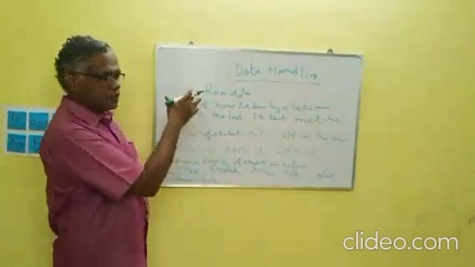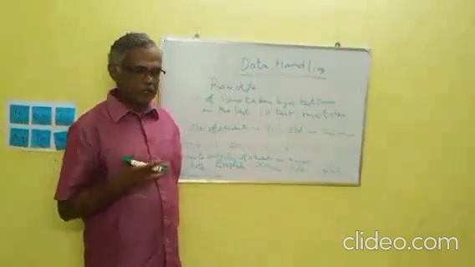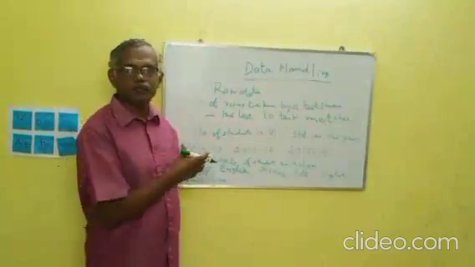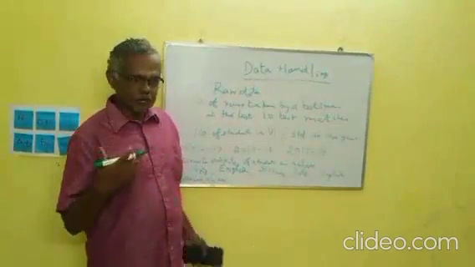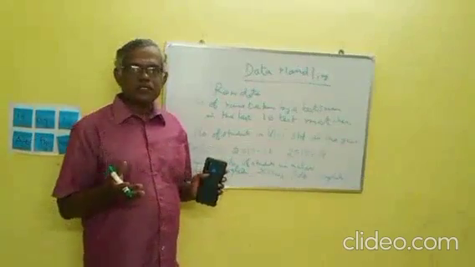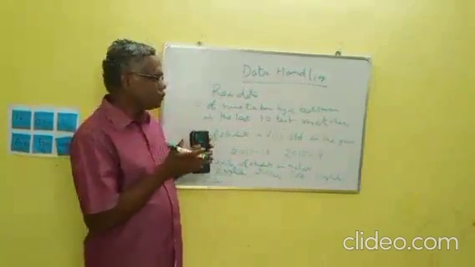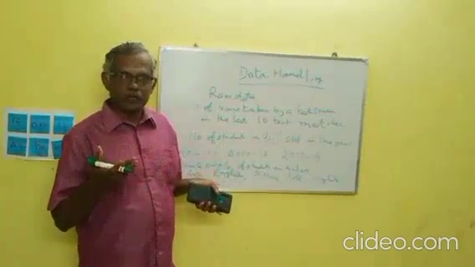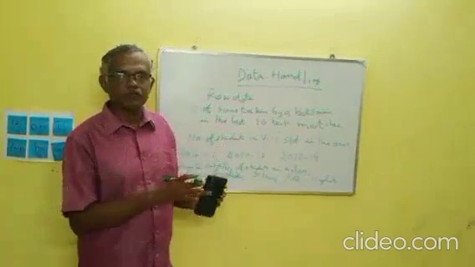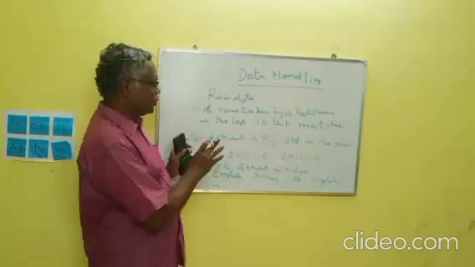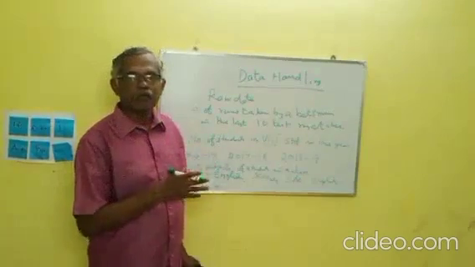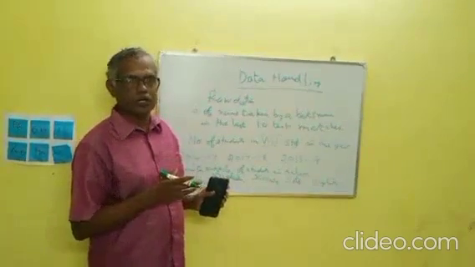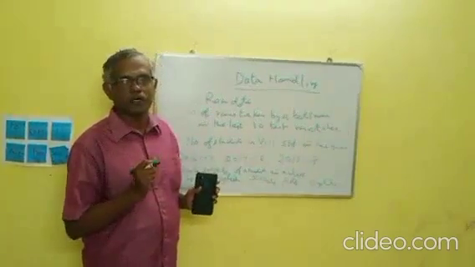So this is raw data. We cannot infer anything useful from this data as such. We have to organize and group this data and interpret it accordingly, so that we can derive useful information from it. Now I am going to give you an example of how we can derive useful data from the raw data.